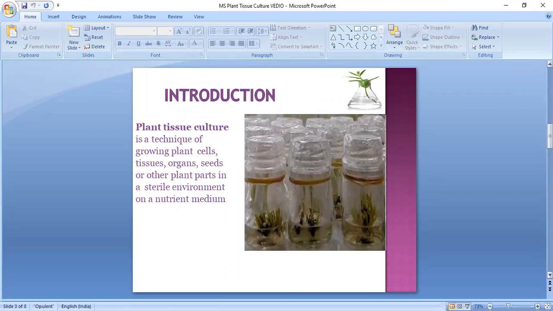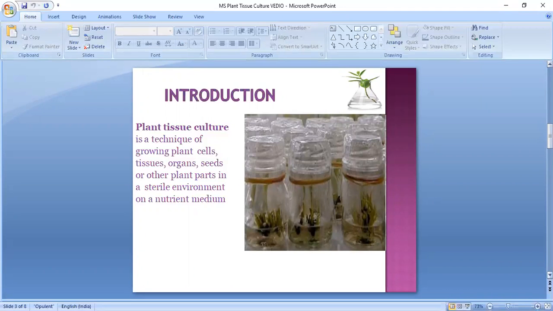About the introduction, the definition of plant tissue culture is a technique of growing plant cells, tissues, organs, seeds or other plant parts in a sterile environment on nutrient media.